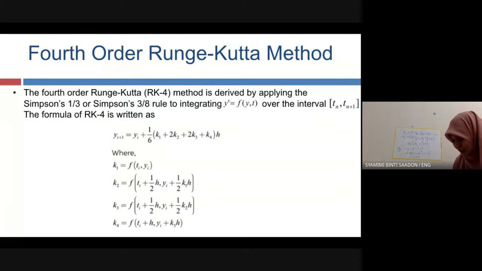We cannot write y0 prime; this is actually k2. The definition of k2 is the function of t0 plus 1/2 h, y0 plus 1/2 k1 h. After we calculate those terms inside, we have the function of 0.25 for t and 0.45 for y.